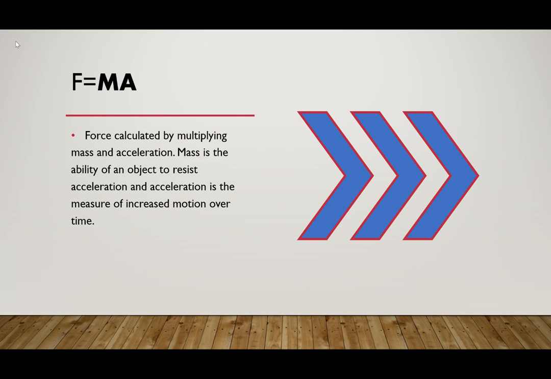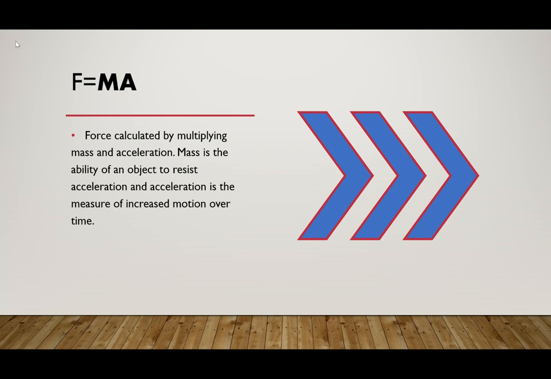Now, we're going to look at force. And what is force? Well, we're going to look at Newton's laws, but the most important thing is that force is your mass times your acceleration. When a force is calculated, you multiply the mass of an object times the acceleration.